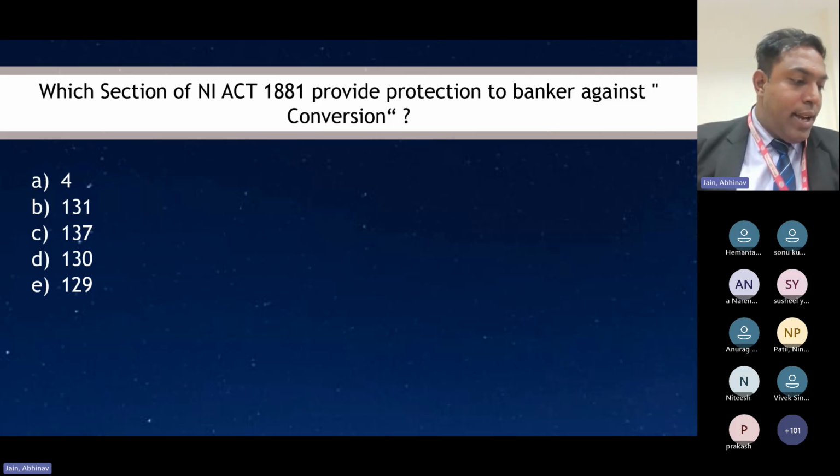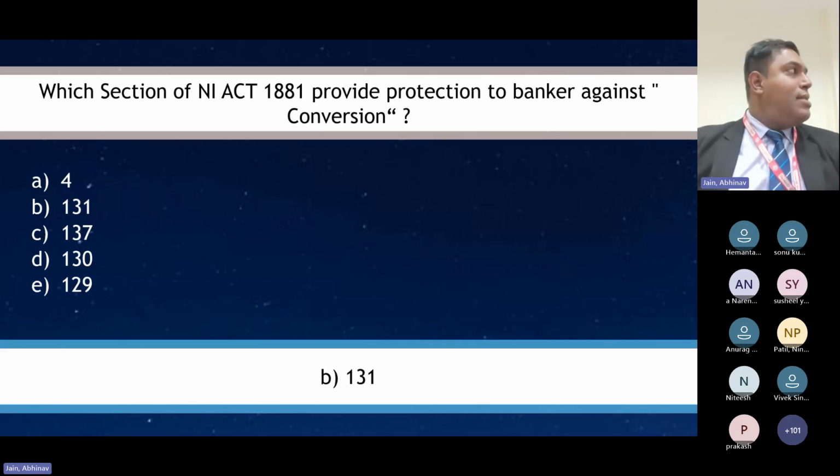I don't think it is correct. 129, 131, we are receiving a number of responses. The correct answer over here is option B, that is section 131. Section 131 of the NI Act 1881 provides protection to the banker against conversion. Please do remember this.